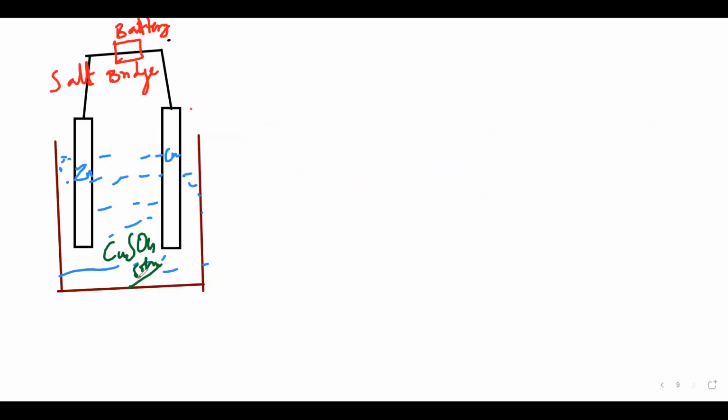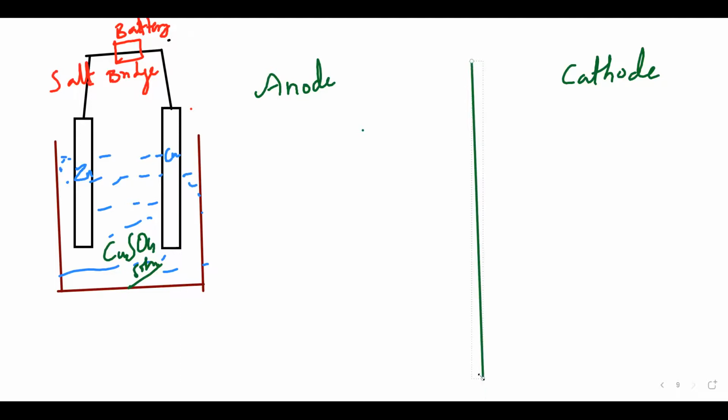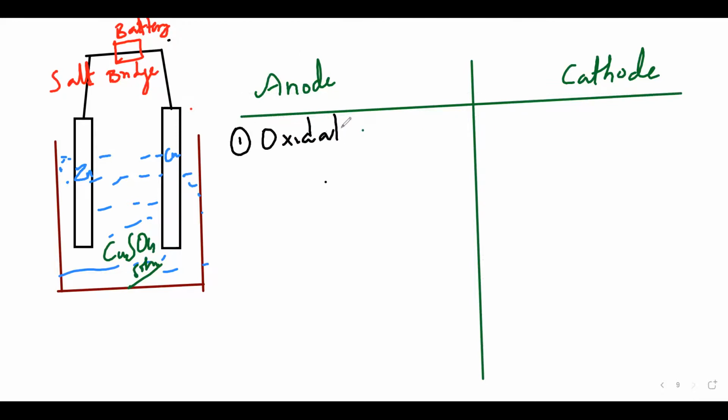Correct. So we have learned in our lower classes anode and cathode. Anode is the place where oxidation happens. Oxidation happens in the anode.